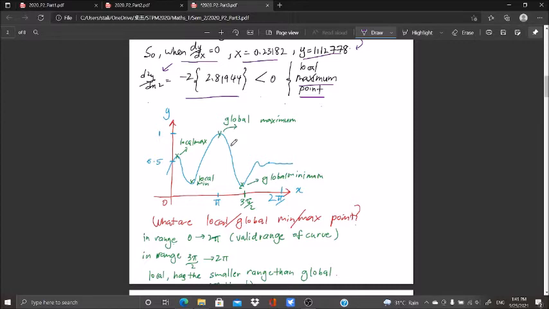But within the whole domain where the curve exists, the highest point is our global maximum and the lowest point is our global minimum. Among all the peaks and valleys, that is the highest and that is the lowest, so we call them global maximum and global minimum. The small peaks and small valleys within a certain range, we call local maximum and local minimum.